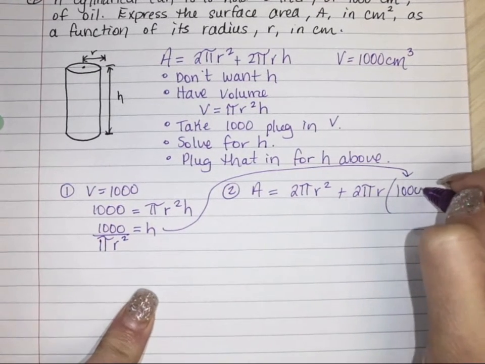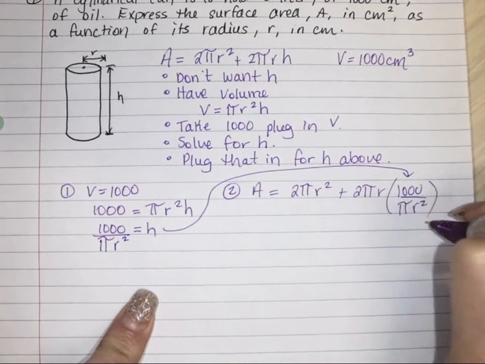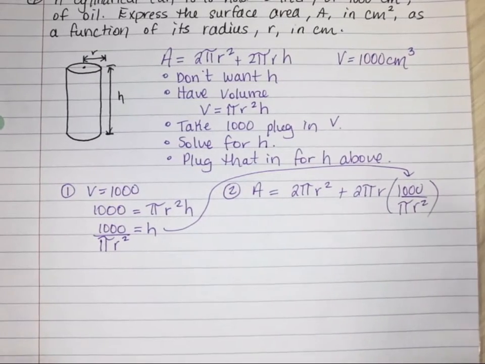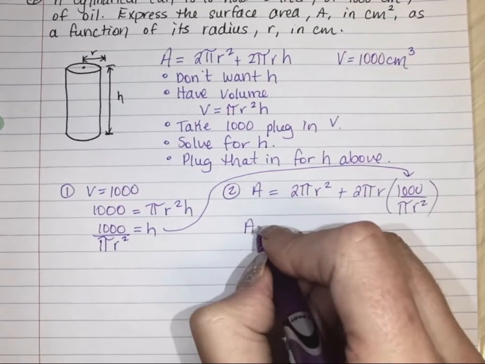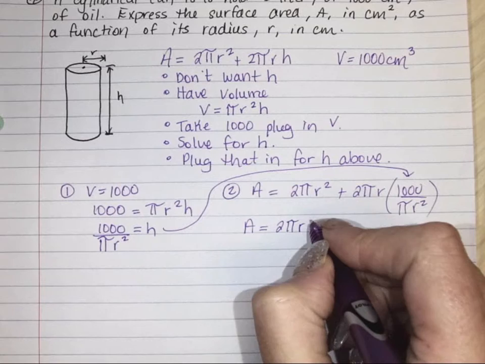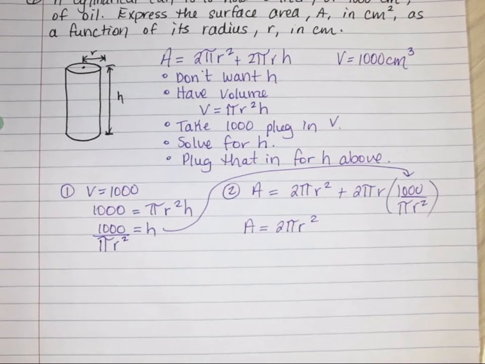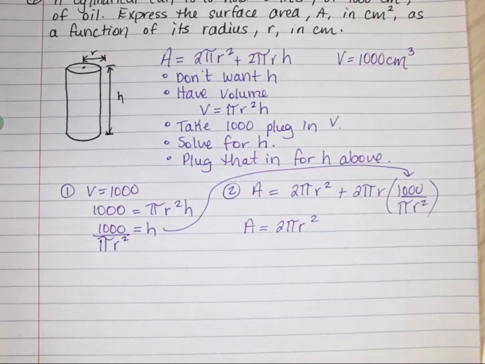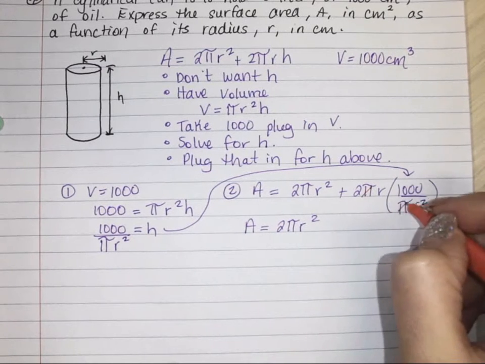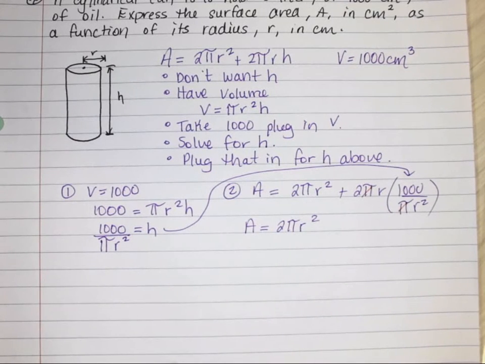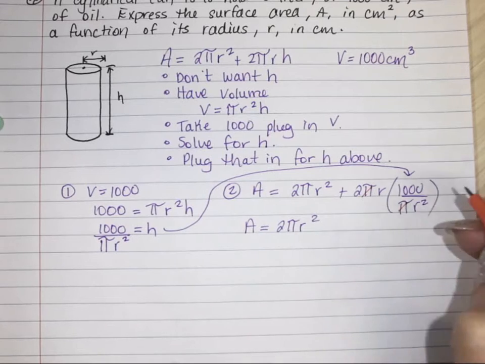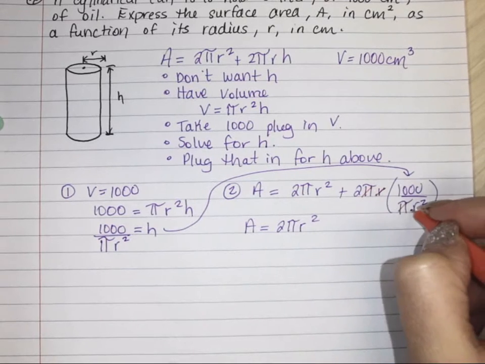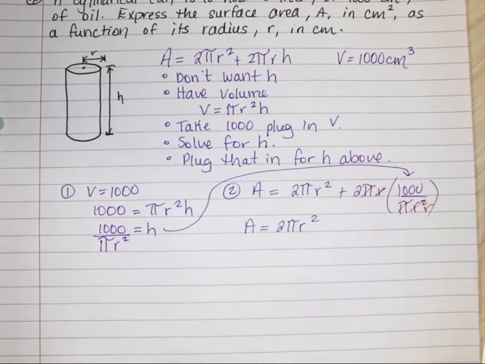We got 1,000 divided by pi times radius squared. And simplify that as much as possible. So we have 2 pi r squared. Notice in this case your pi's cancel out, and this r will cancel with 1 r down here, and you're left with 1 r.